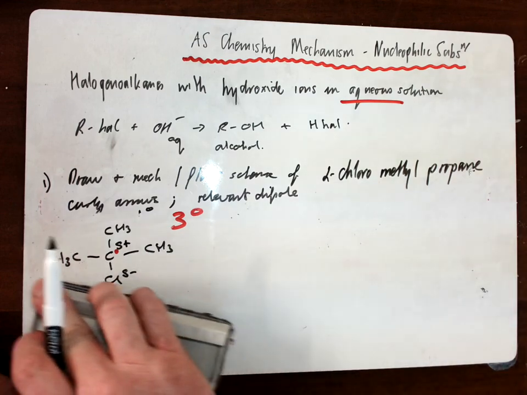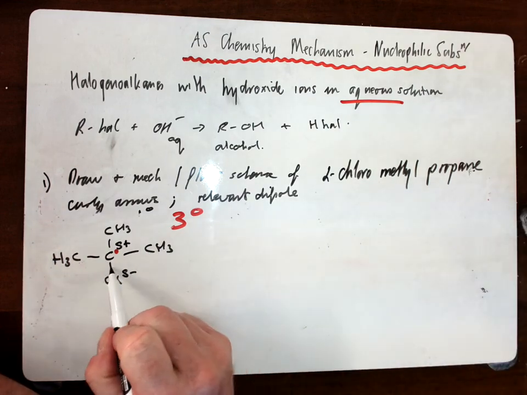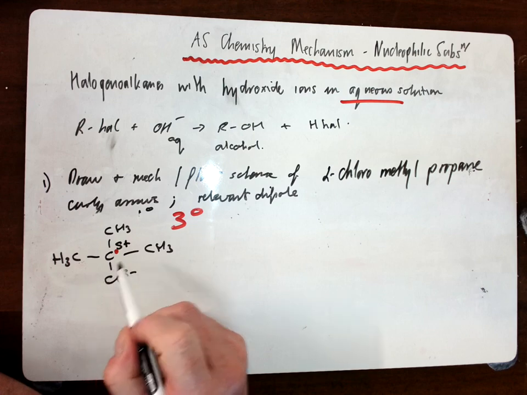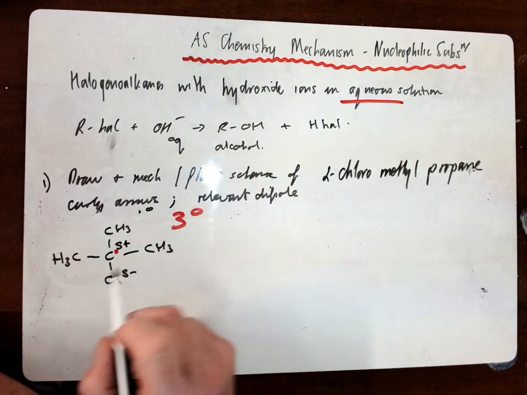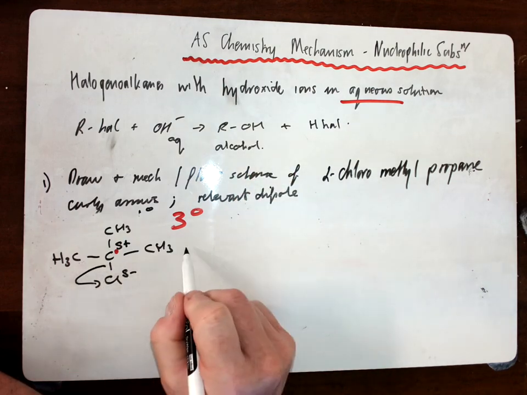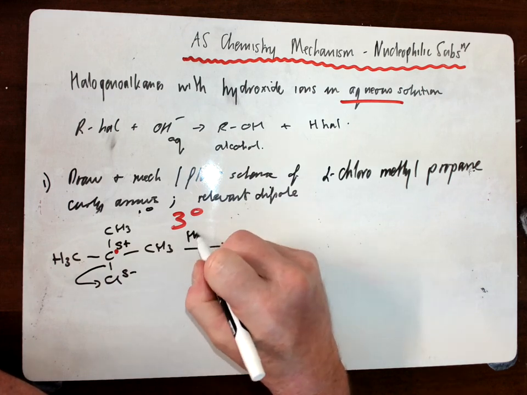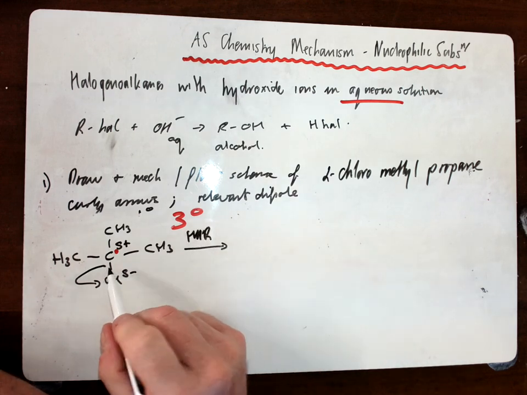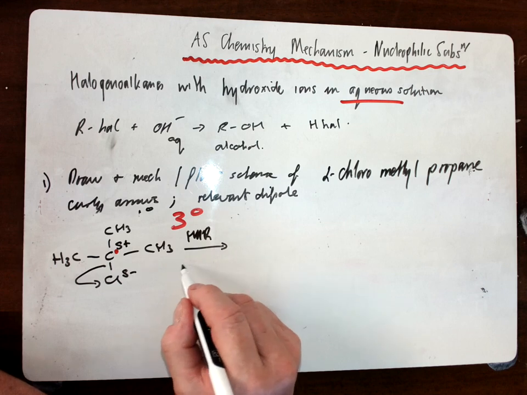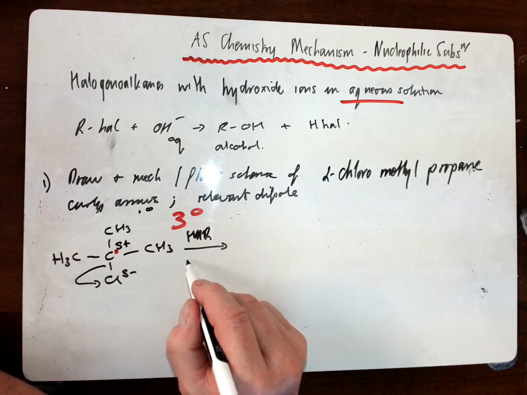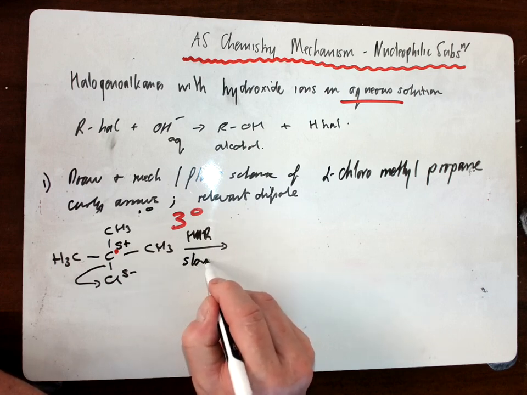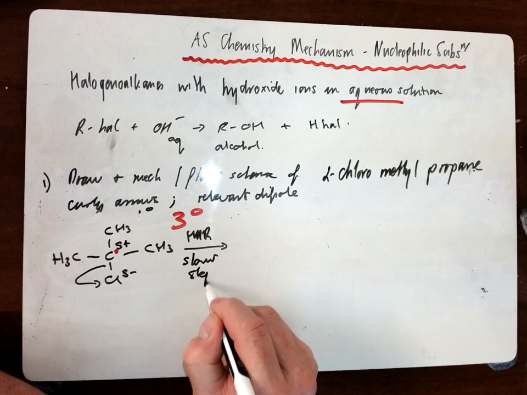So how are we going to break that bond? We've still got to break this bond to get the hydroxide on to get our final alcohol product. Well, again, we've got to heat under reflux. We've got to heat this very intensely, as we're breaking strong bonds here. Okay, hence the reason for the heat under reflux, and this is our slow step.